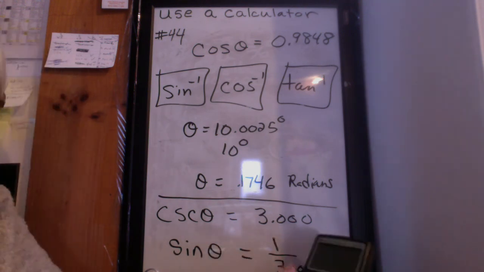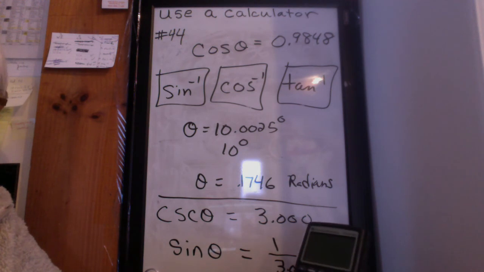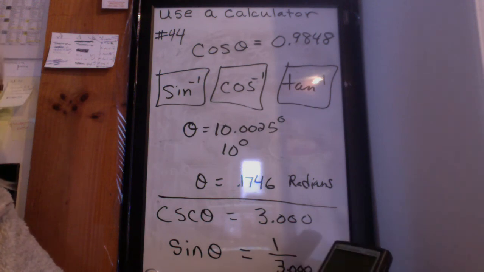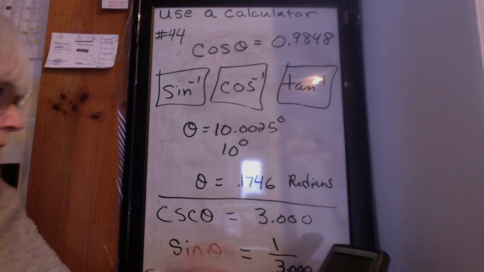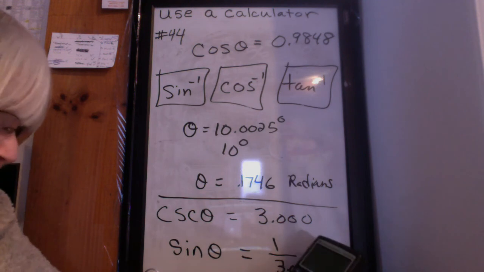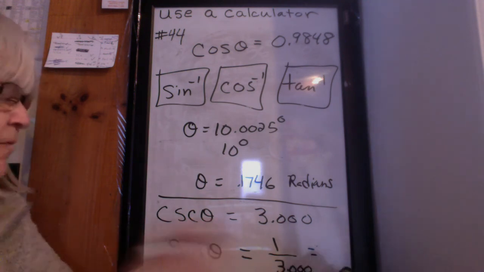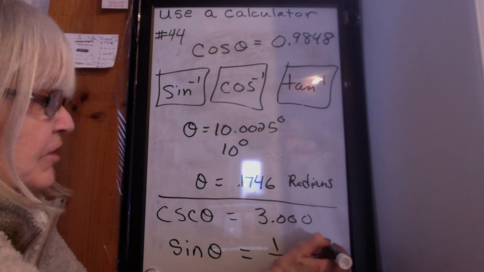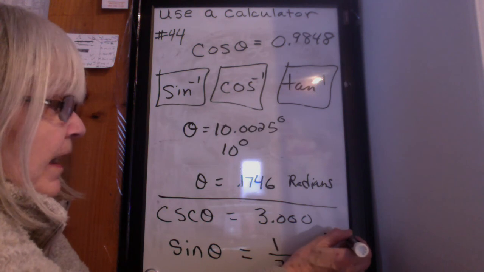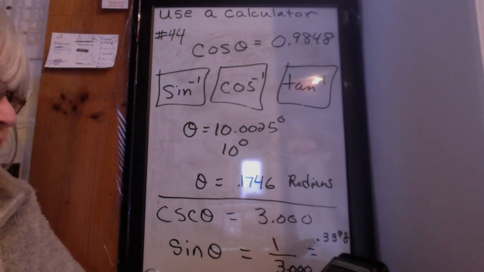So I use the sine inverse key, so second sine, and I put this in parentheses, 1 divided by 3.000, close parenthesis, hit enter, and I get the radians. Did I want radians? No, I didn't. I wanted degrees. Well, I didn't change my calculator, so it's 0.3398 in radians. Let's check it out in degrees.